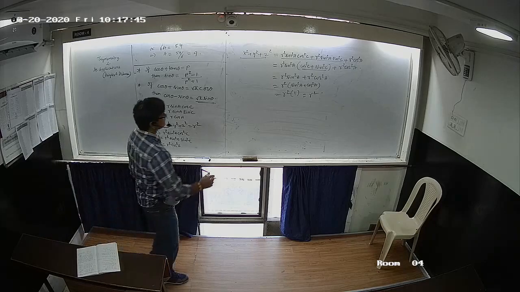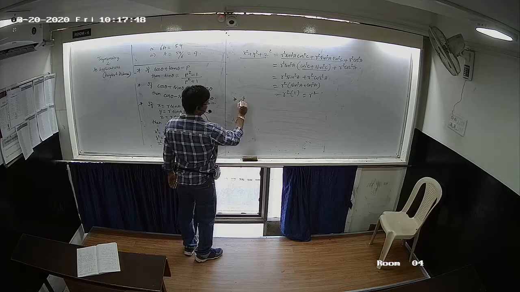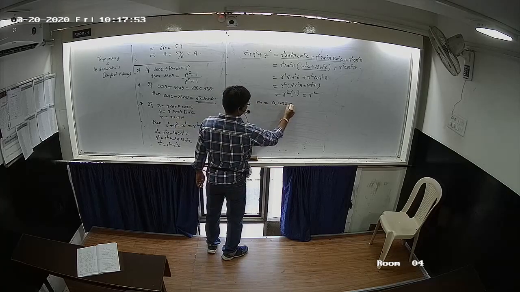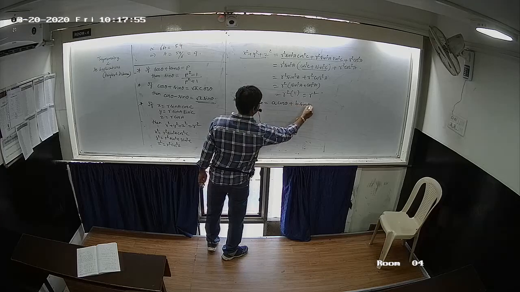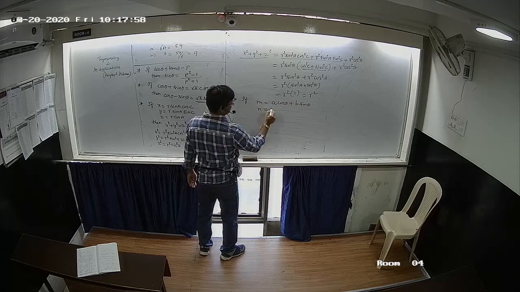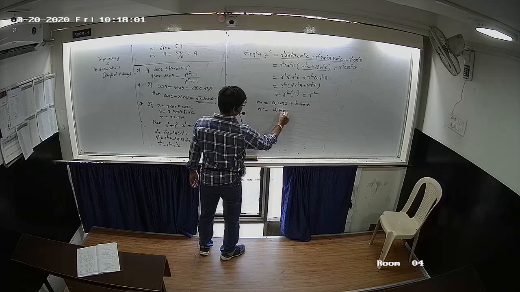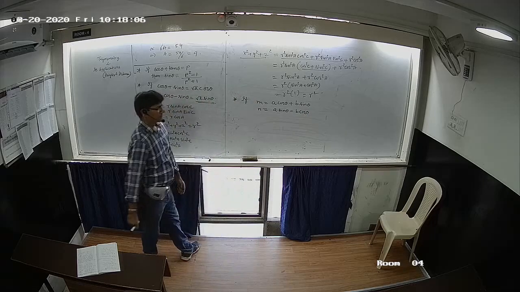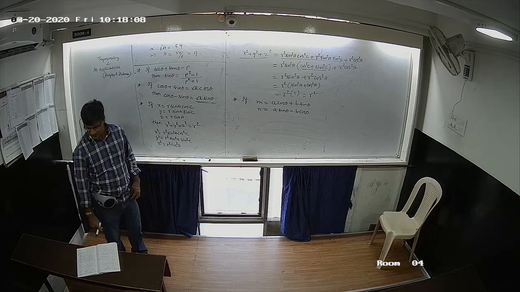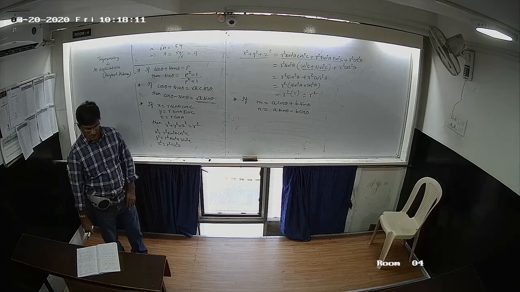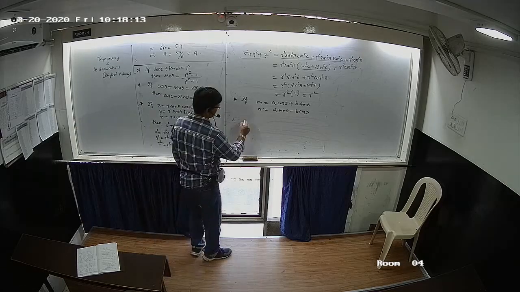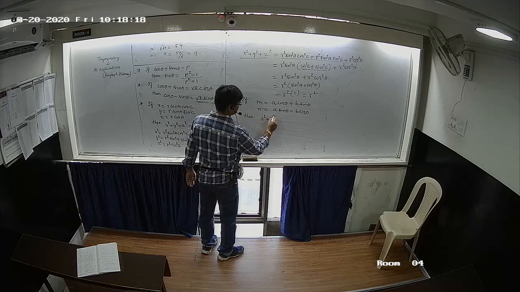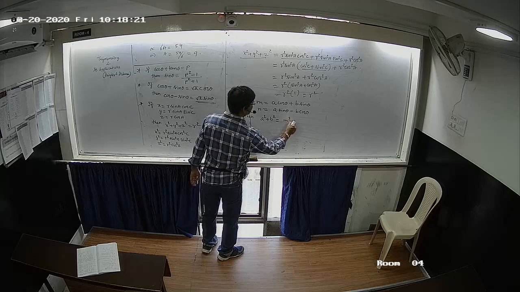Then further, next result. If m is equal to a cos theta plus b sin theta and n is equal to a sin theta minus b cos theta, then a square plus b square will be equal to m square plus n square.